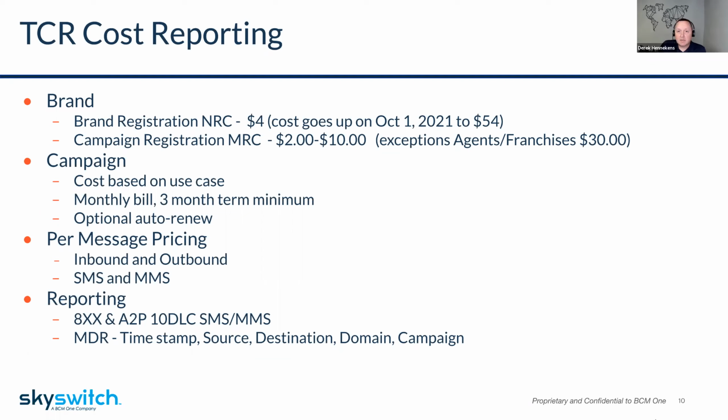So going into this, right now we do have a time limit on price increases. The brand registration is a one-time cost. Right now it's $4. October 1st, it jumps up by $50. So it's in your best interest to get the brands that you need registered and identified as soon as possible, so that we can avoid some of those charges. Going forward, the campaigns themselves are a monthly charge, depending on what it is.